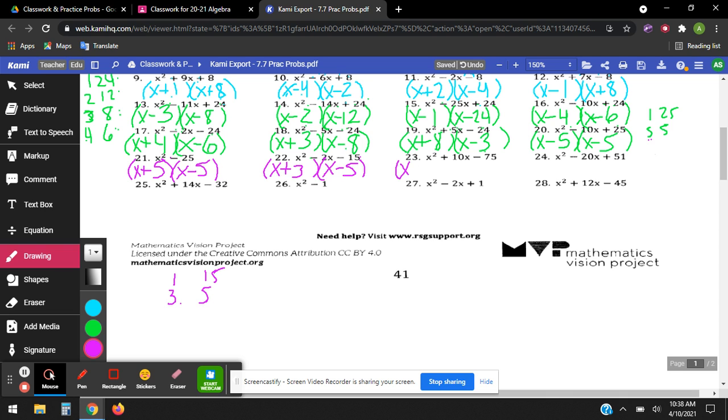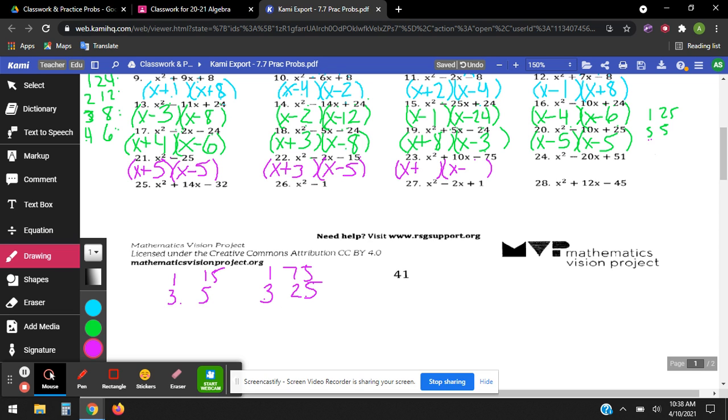Ooh, how about 75? That's a big one. Well, it's a negative, so I need a positive and a negative, a plus and a minus. So 1 and 75. Those don't subtract to get a 10. 2, no. 3, 3 goes in there. 3 quarters makes 75 cents, so that's 25. Those two subtract to get 10?